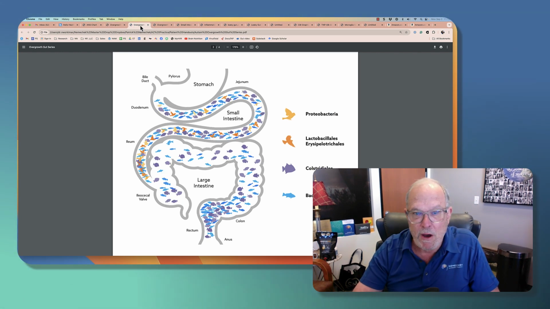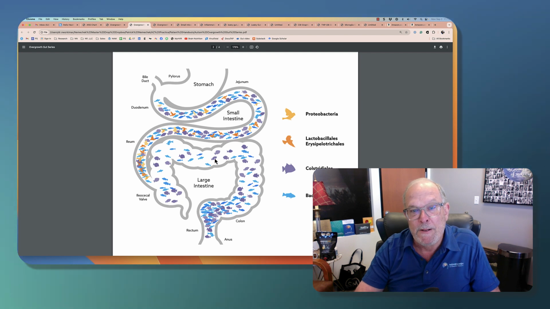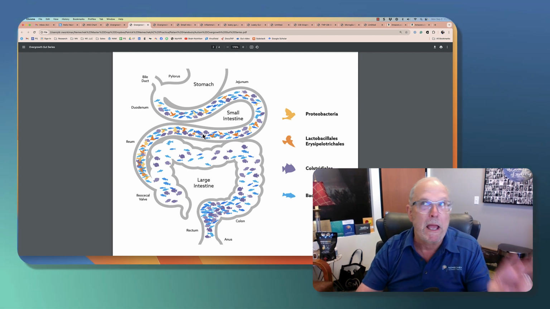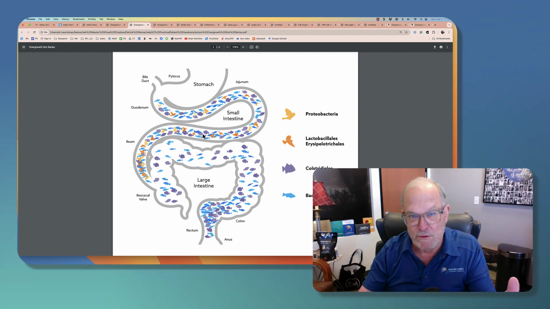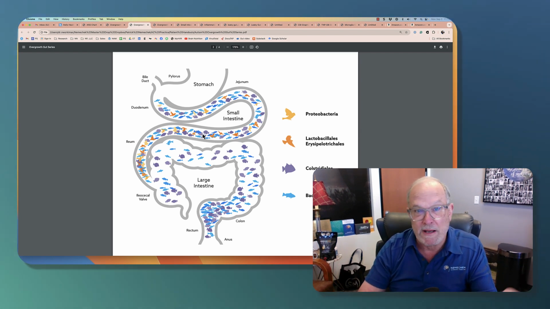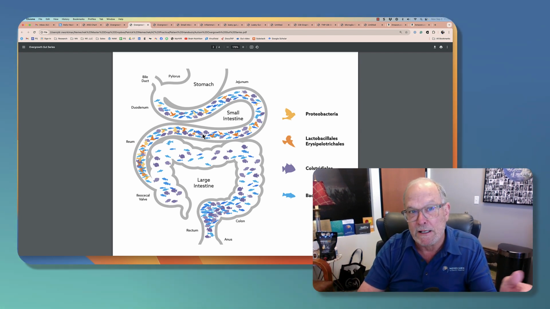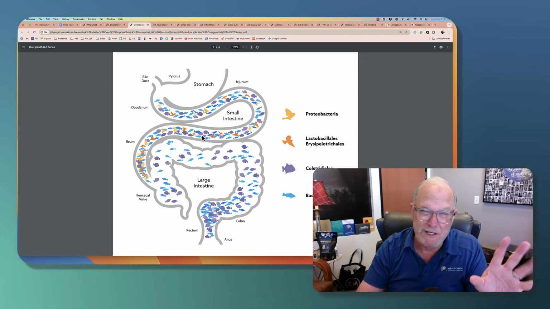Then we have SIBO, this problem where you have normal bacteria in the wrong place. Now again, these are not bad bacteria from tainted food or something. These are normal bacteria, often Klebsiella, E. coli species. And we know in adults at least, when you have overgrowth, it's one, maybe two species.